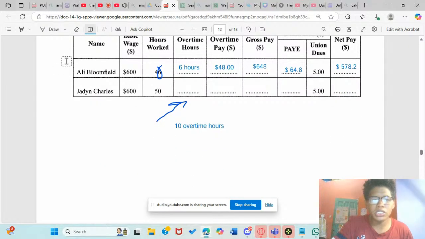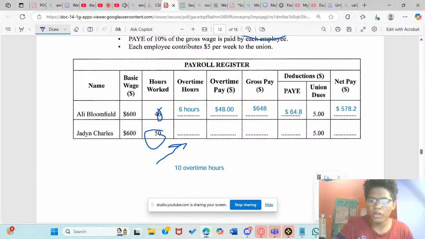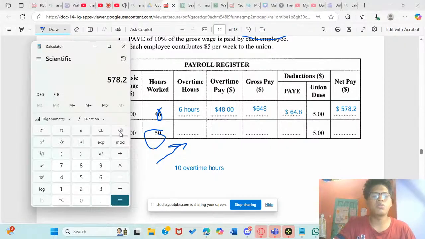So for this guy, he worked 10 hours overtime. So that will be 10 times the overtime rate, which is $8. So that will be 10 times 8.00.